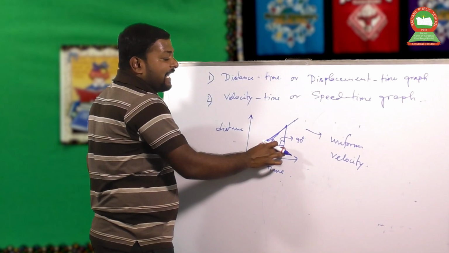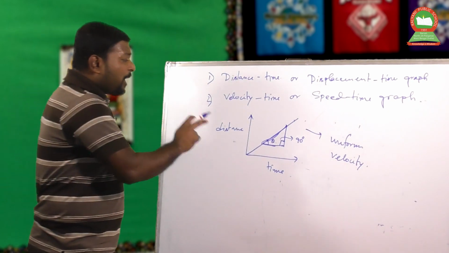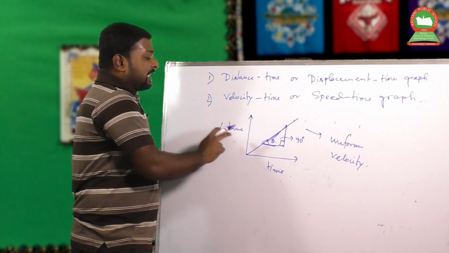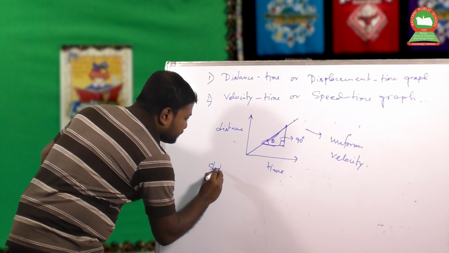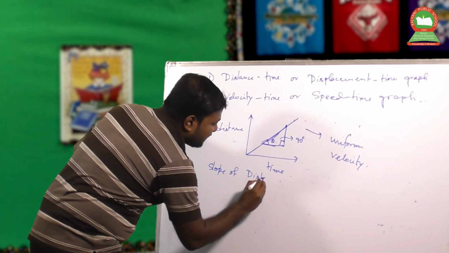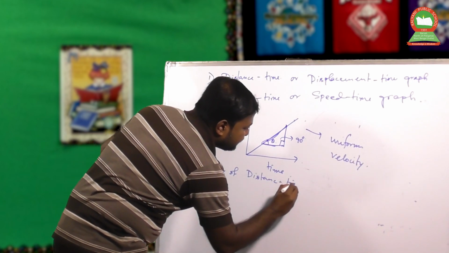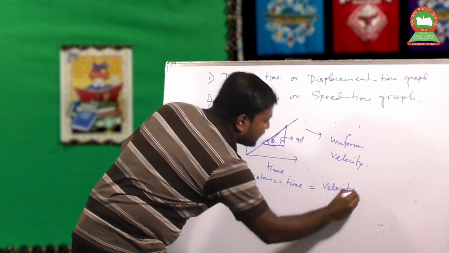Height by base gives you the slope of the curve. The slope of the curve represents distance by time. So the slope of the distance-time graph gives you the information about velocity.